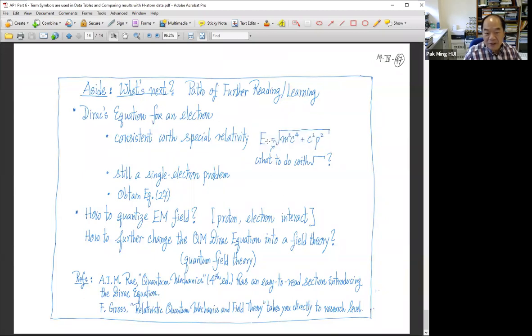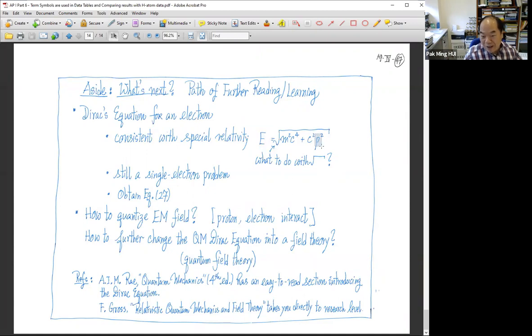The idea is if you can do this, then I can multiply a phi here, a phi here, and that becomes iħ d/dt phi. Then I will have an equation that is at least consistent with relativity. That's true, but a problem arises.